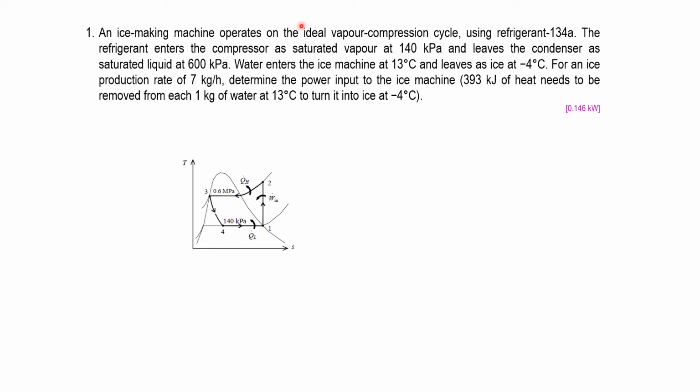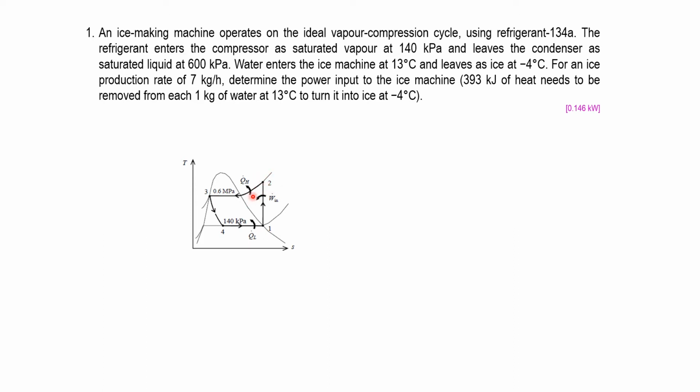So this is an ideal vapor compression cycle. So the line will go from point 1 to point 2 straight here. To identify the work done by the compressor, we need to find the enthalpy at point 1 and the enthalpy at point 2, right?